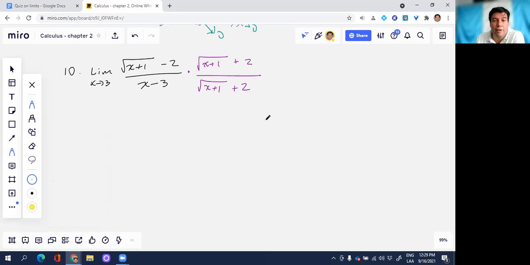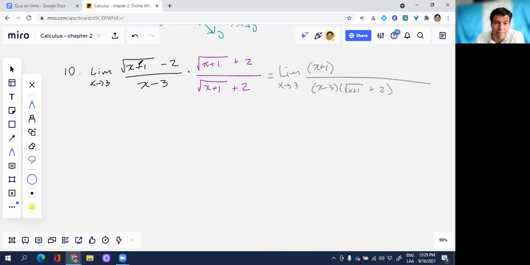All right, so multiplying out, this is the limit as x approaches 3. In the denominator, we just write it out: x minus 3 times the square root of x plus 1 plus 2. In the numerator, we actually multiply out. Square root of x plus 1 times square root of x plus 1 is just x plus 1, because it's two square roots being multiplied.